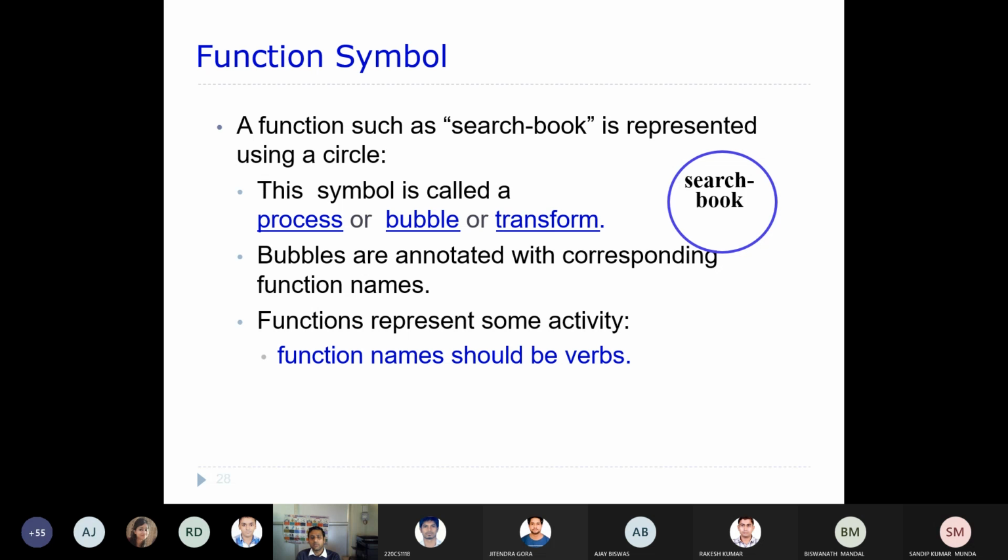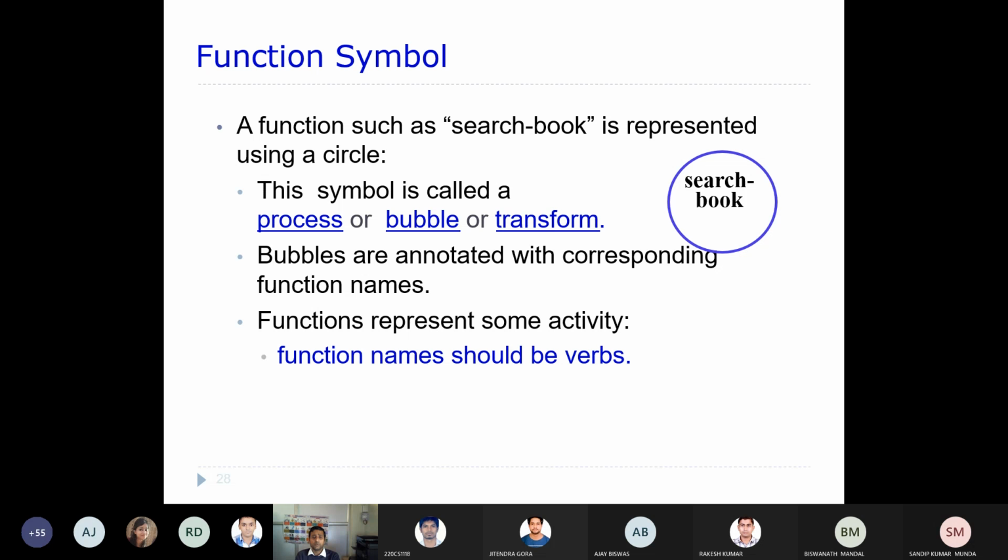That means you go to a library, maybe open the OPAC system available there, and first you search the book. You input data like the ISBN number, book name, author name, year of publication or publisher's name.